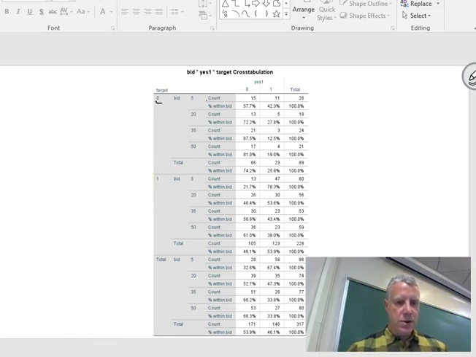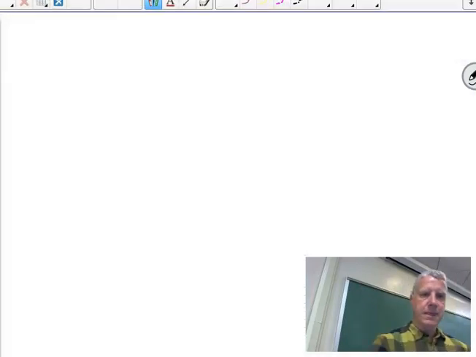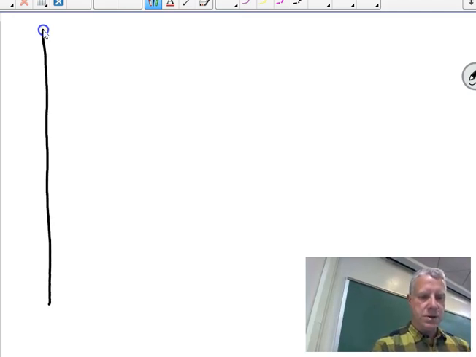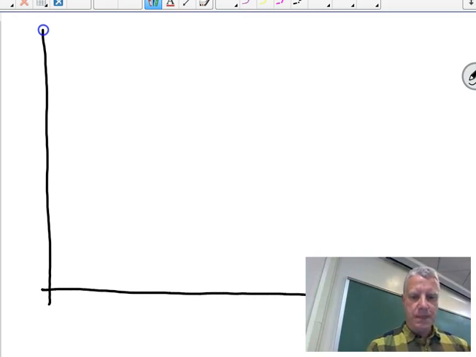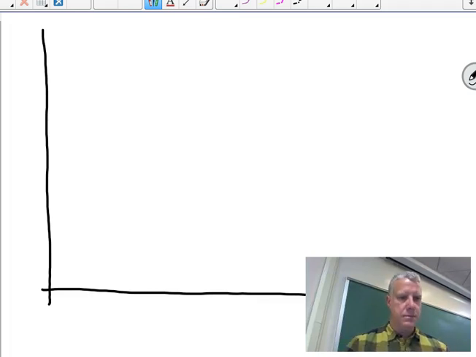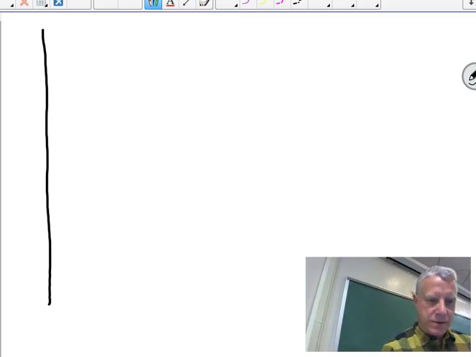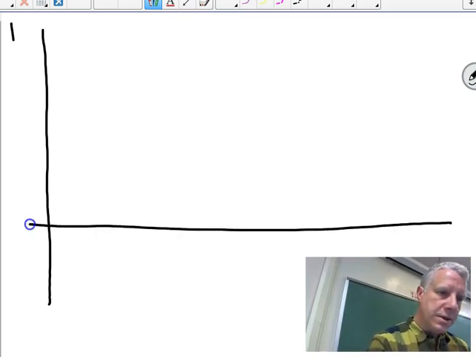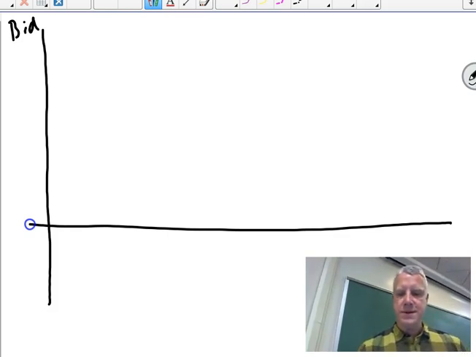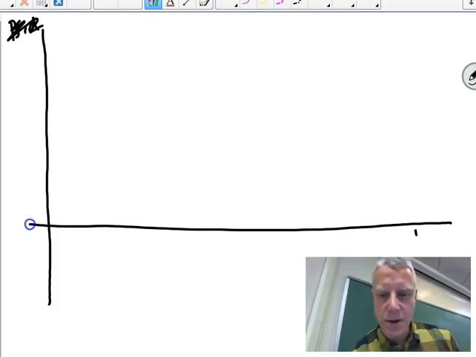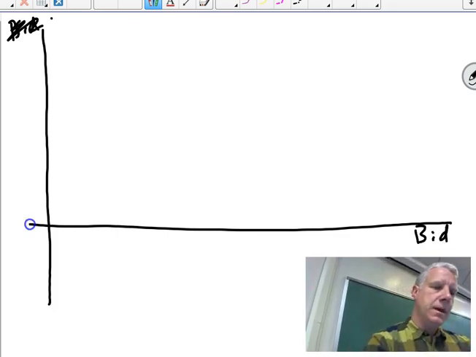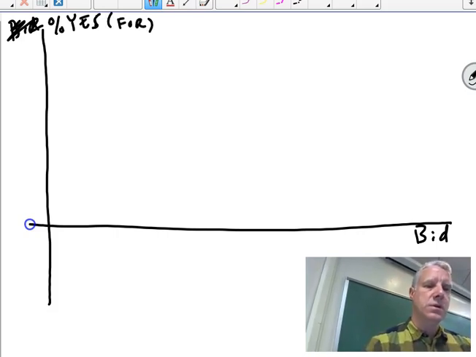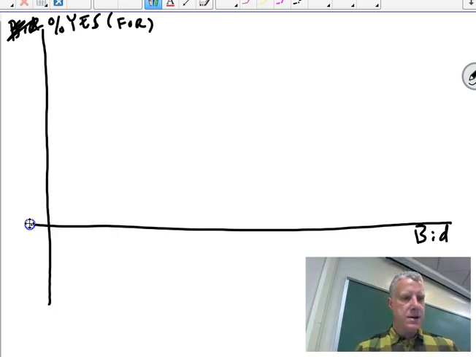So to transfer that to the Turnbull, for Turnbull estimation, you graph those numbers with the bid amount on the vertical axis and the percentage of yes votes, or however that variable is defined, on the horizontal axis.